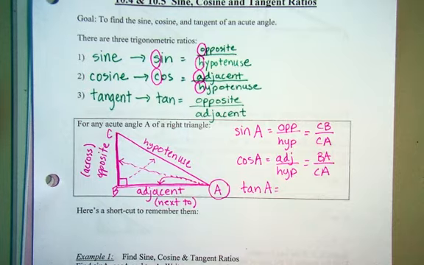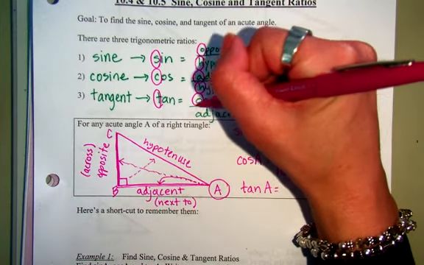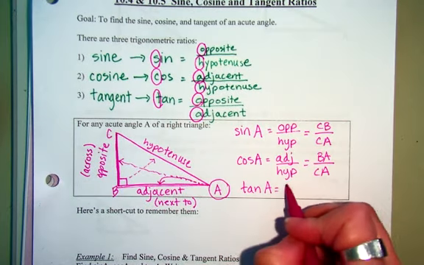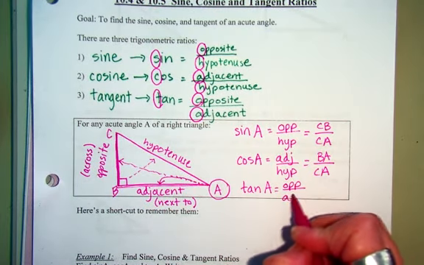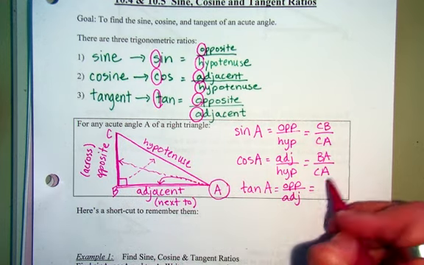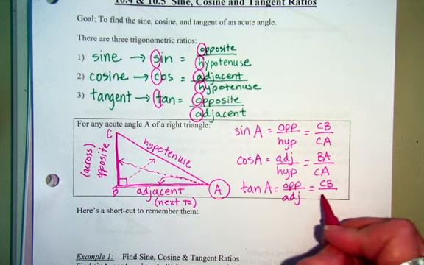Let's do the last one, which is tangent. Tangent is the opposite over the adjacent side. So it would be opposite over adjacent. Which one was opposite? CB. And adjacent was BA. Okay.